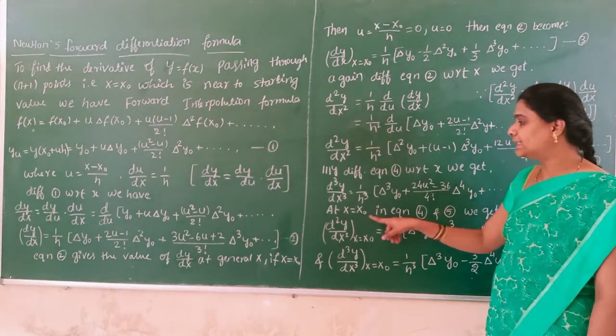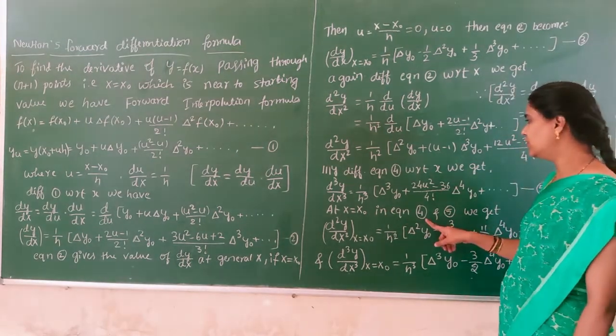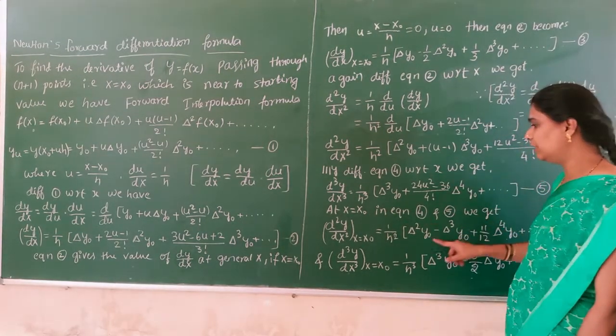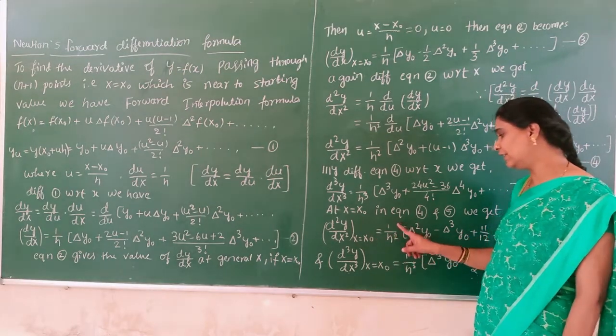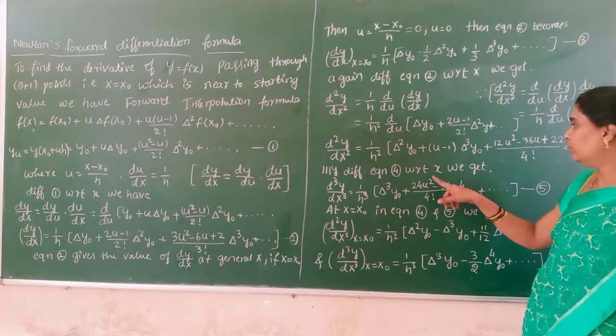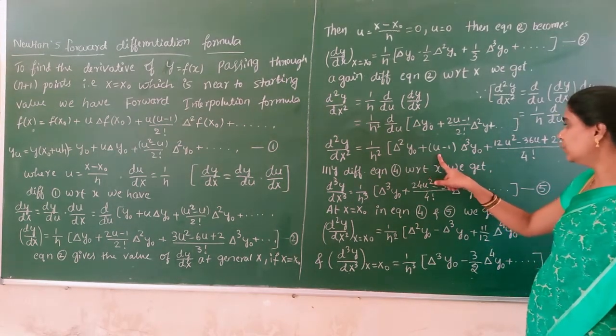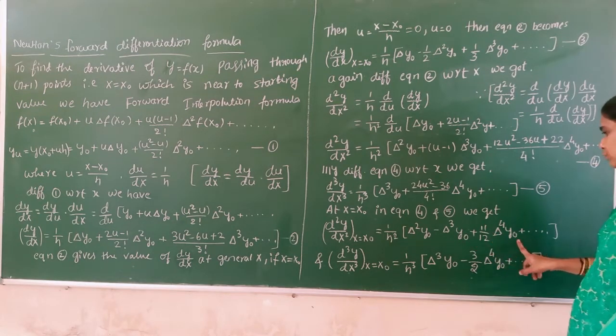If we take x is equal to x naught in equation number 4, we will get u is 0. Also in equation number 5 we will get 0. We will get the value if x and x naught both are same. We will get the equation 1 by h square del square y naught, here u will get 0, again minus del cube y naught plus 11 by 12 del raised to 4 y naught.